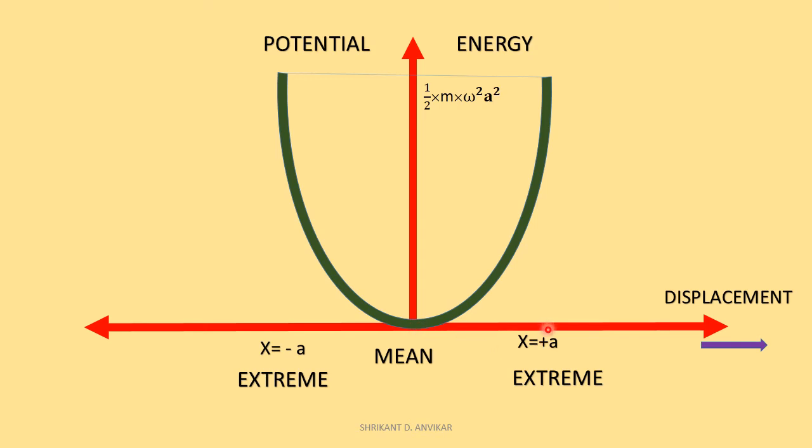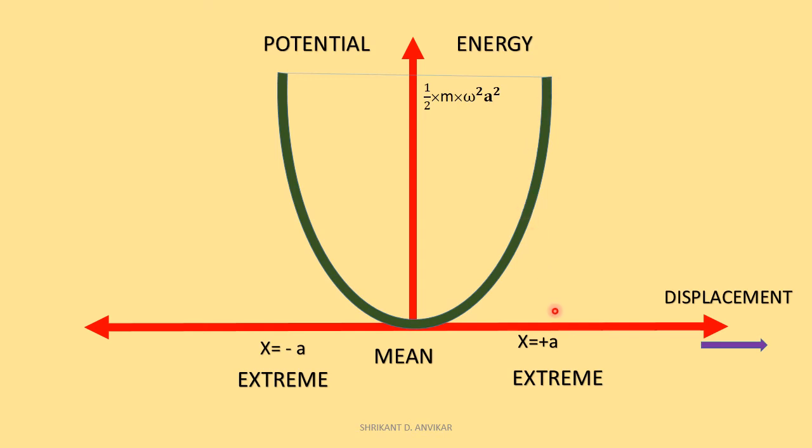Therefore, at one extreme position displacement is equal to plus a, and at the other extreme position displacement is equal to minus a. Now we observe displacement is 0 at the mean position, and hence potential energy of the particle at the mean position is 0. When displacement is maximum, potential energy of the particle is maximum.